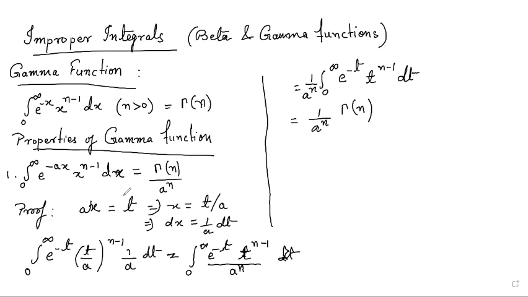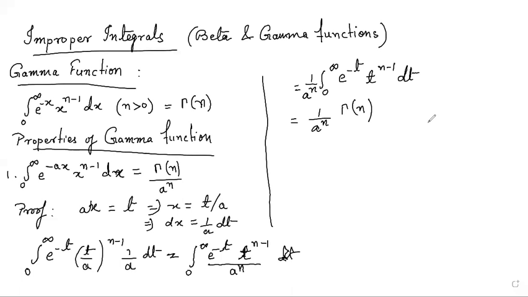Therefore, the integral 0 to infinity e to the power of minus ax, x to the power of n minus 1 dx becomes gamma n divided by a to the power of n. In this way, we have proved the first property of the gamma function. Yes. So next, property number 2.